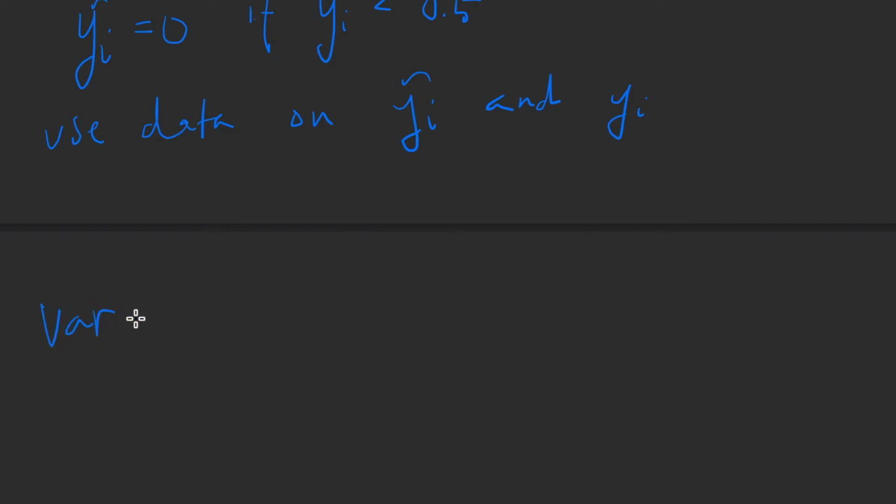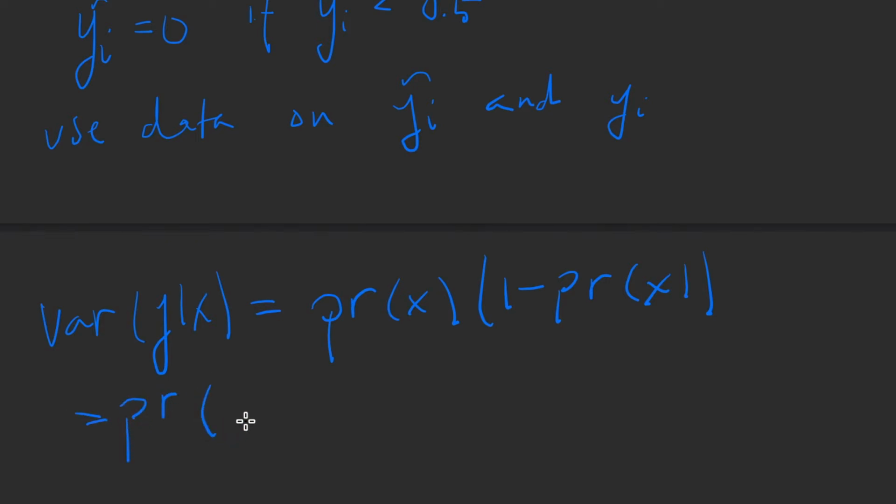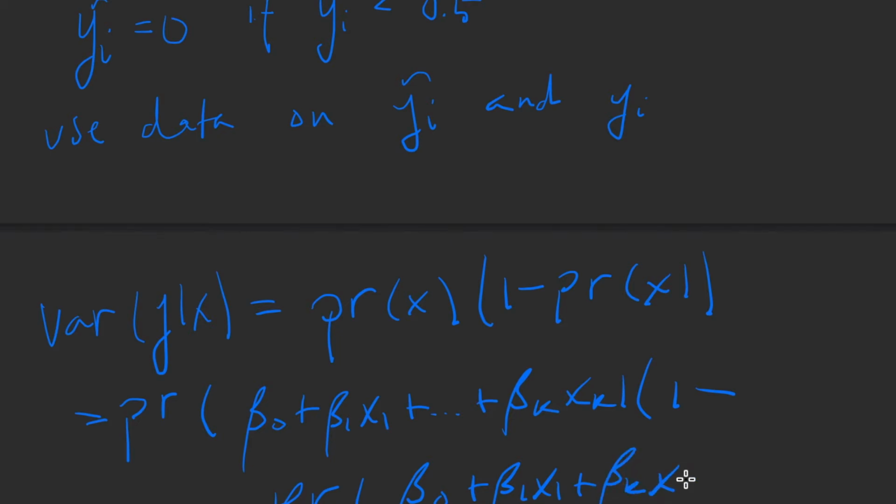So we will violate the fifth linear regression model assumption, because the variance of y given x is equal to the probability of x times 1 minus the probability of x, because it's a binary variable, and that is equal to the probability beta naught plus beta 1 x1 through beta k xk, times 1 minus the probability beta naught plus beta 1 x1 plus beta k xk.